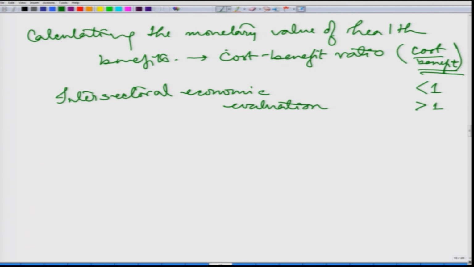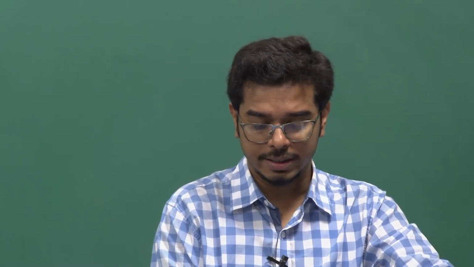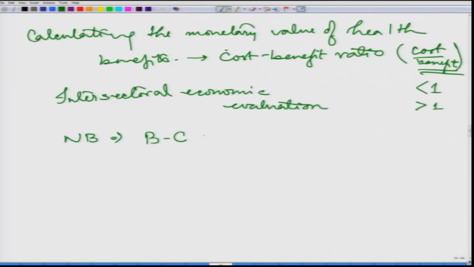So this psychological valuation, monetary valuation is also important if there is a benefit, because people have to know how much psychologically gainful they will be. And so whenever we have our net benefit, we estimate benefit minus cost, and we will see whether it is greater than 0 or not, which is just like the cost benefit ratio.